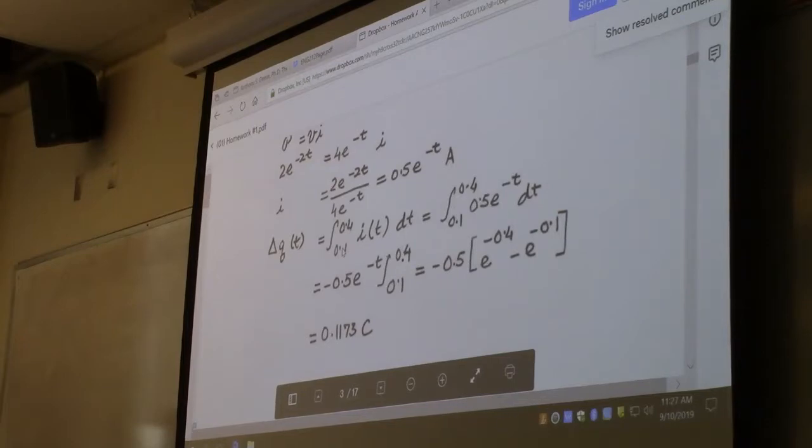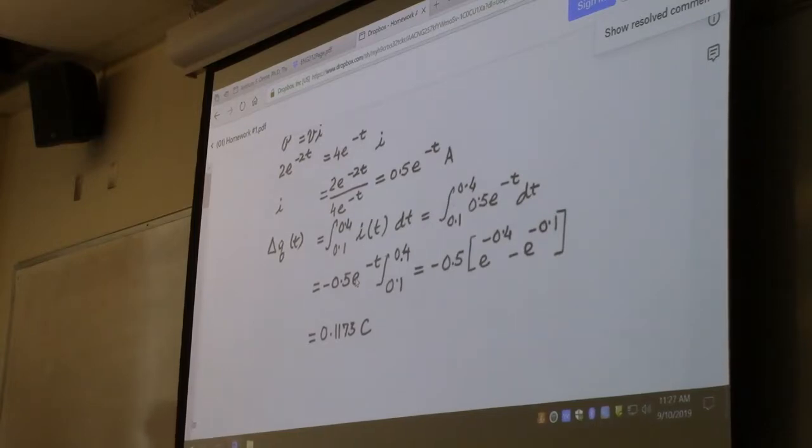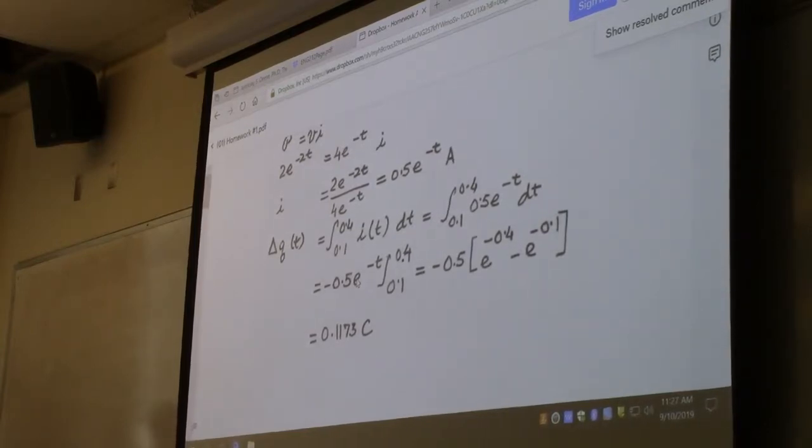So we're taking the integral from 0.1 to 0.4 of the current, which is 0.5 e to the negative t. And then the integral of e to the negative t is equal to negative e to the negative t, right? The integral of e to the x is e to the x. If we have e to the negative x, then we pull the negative out front.